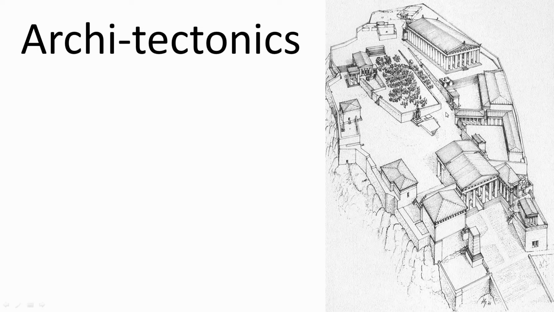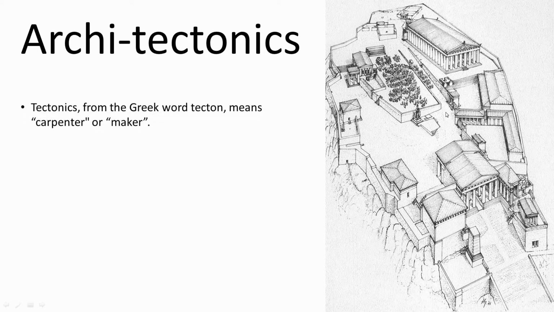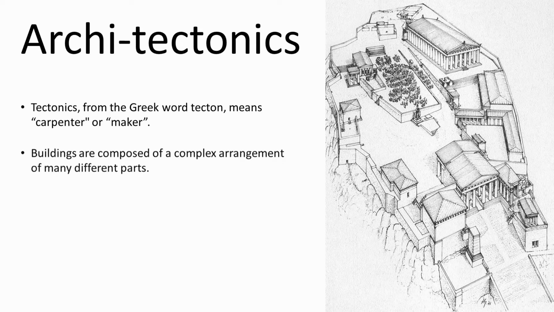But anyway, I digress. We're going back to the definition of architectonics, the derivation of the word comes from the Greek word meaning carpenter or maker, and the buildings are composed of a complex arrangement of many different parts.